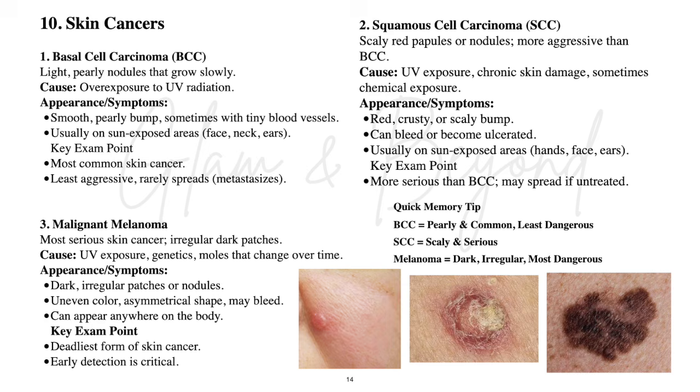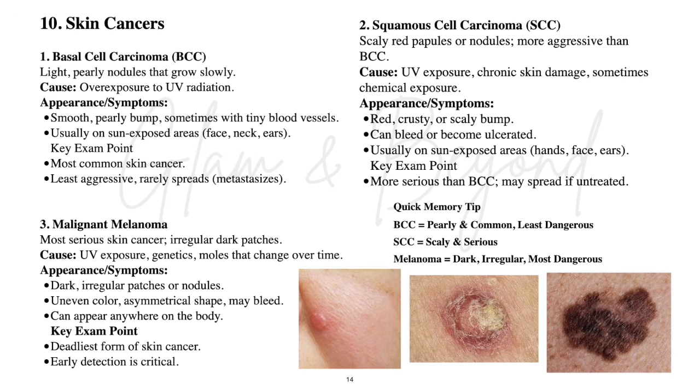Can bleed or become ulcerated. Usually on sun-exposed areas, once again, hands, face, ears. Key exam points to remember. Obviously, we said that it is more serious than basal cell carcinoma and may spread if untreated. Okay, that would be squamous cell carcinoma. Once again, think red, scaly.